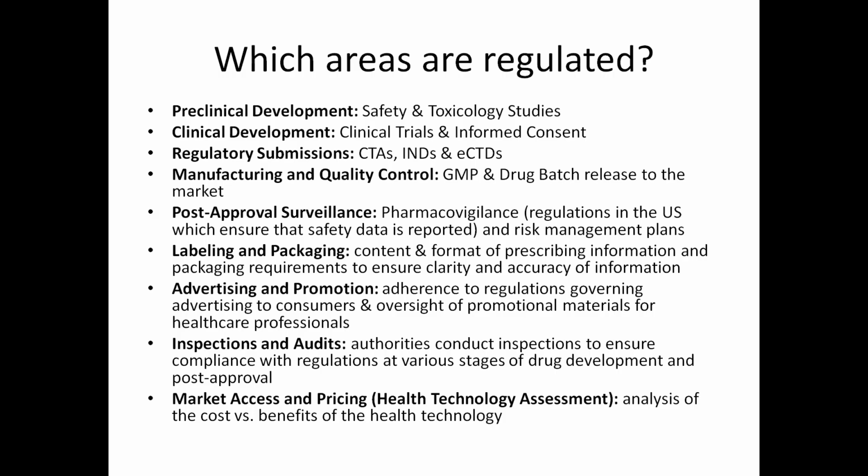Advertising and promotion, which is adherence to regulations governing advertising to consumers and oversight of promotional materials for healthcare professionals. Inspections and audits, where authorities conduct inspections to ensure compliance with regulations at various stages of drug development and post-approval. And finally, market access and pricing, which is the analysis of the cost versus benefits of the health technology.